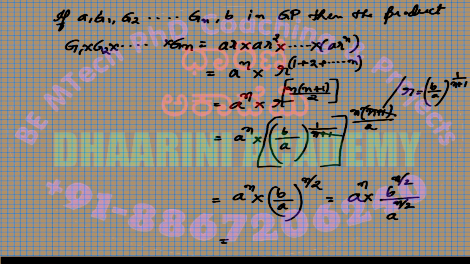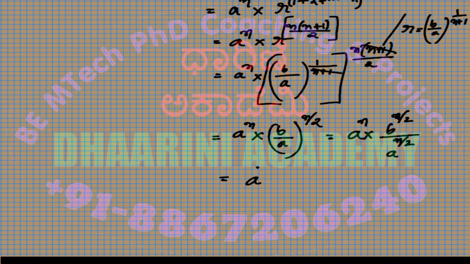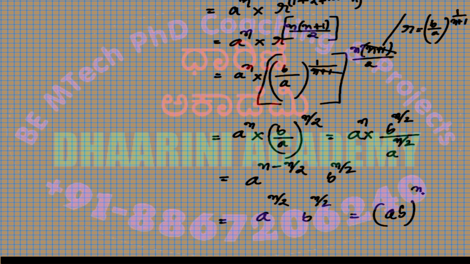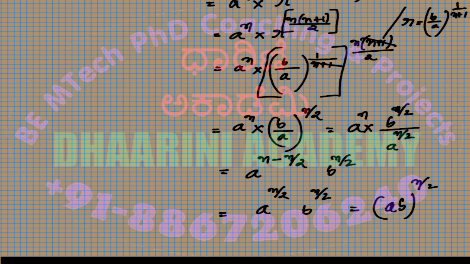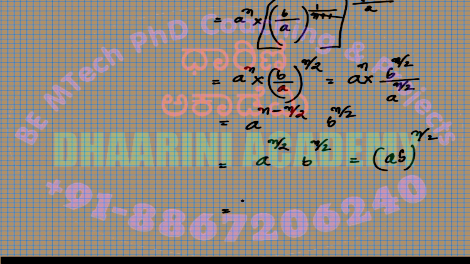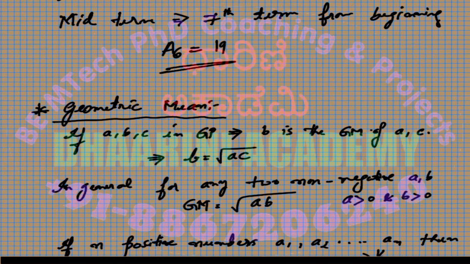The denominator n becomes minus n by 2 into b to the n by 2. So n minus n by 2 is n by 2. So this is a to the n by 2 into b to the n by 2. I can write this as (ab) whole to the power n by 2. The divide by 2 in the power means it is square root, so this is square root of ab, that is power half, whole thing raised to the power n. Now I know that this root ab we have already written somewhere.